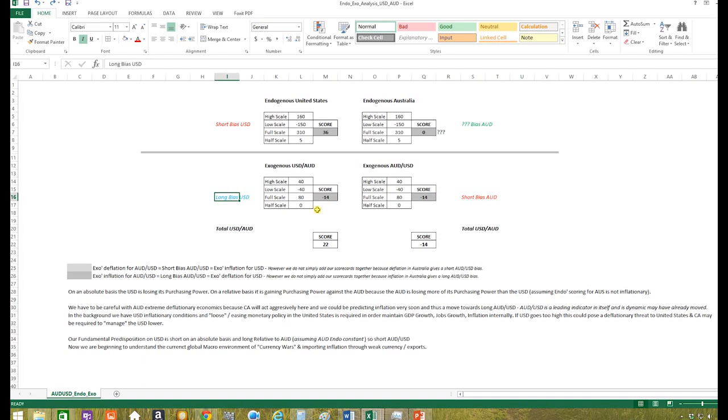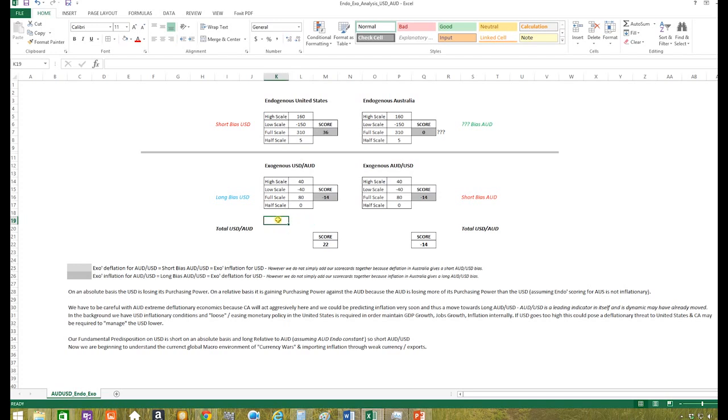Well, obviously that's not the case. It doesn't mean that if we have deflationary conditions in Australia, that we automatically have inflationary conditions in the United States, and vice versa. If we have inflationary conditions in the Australian economy, it doesn't mean that we have deflationary conditions in the United States.